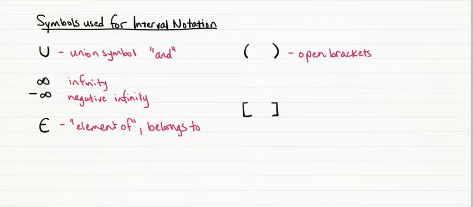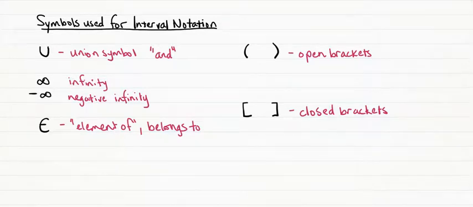And these square brackets are called closed brackets. And these brackets are used to indicate whether values are included or excluded as part of your interval. So these are kind of another way of indicating greater than or less than, versus greater than or equal to and less than or equal to.